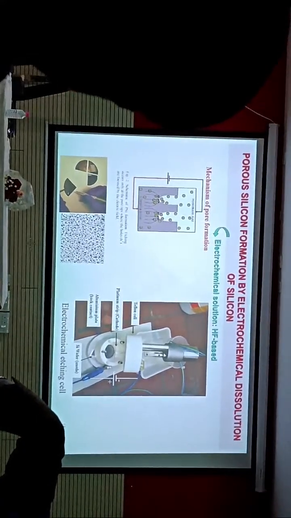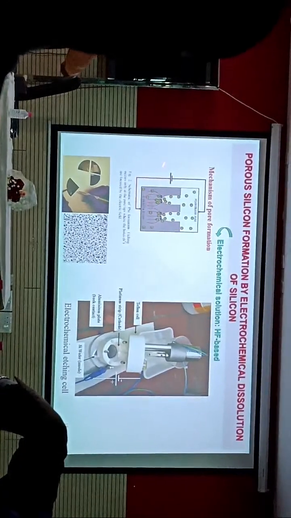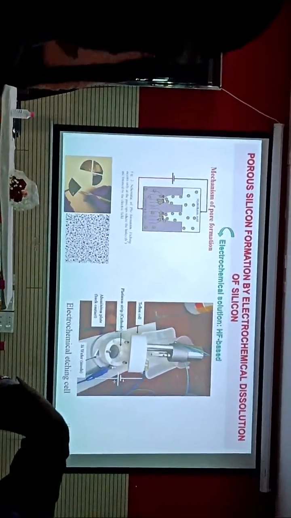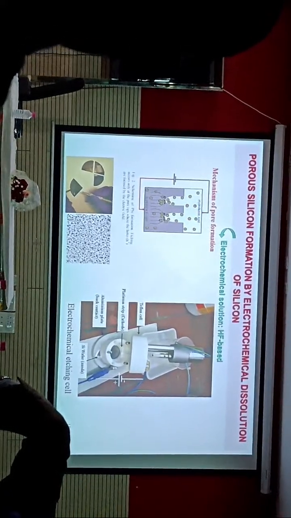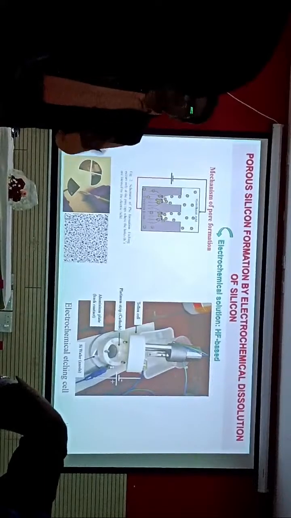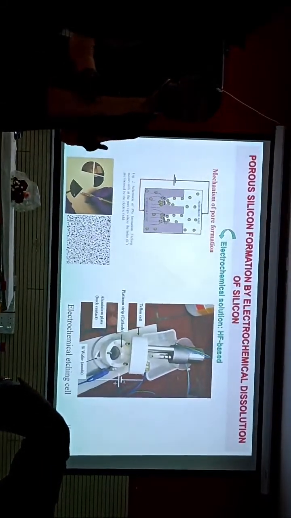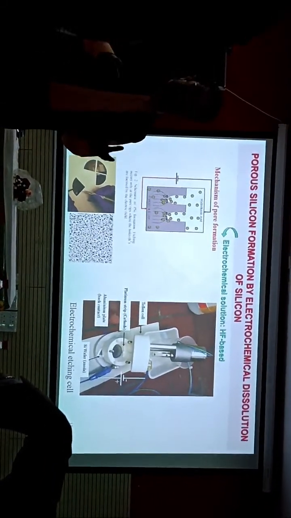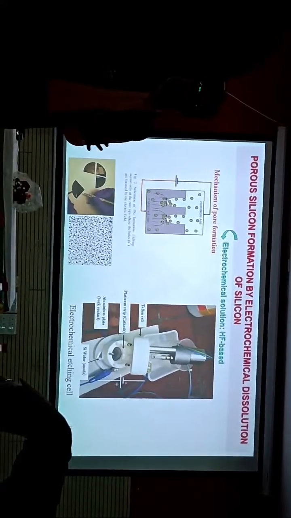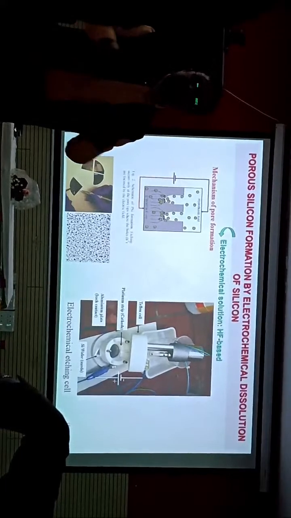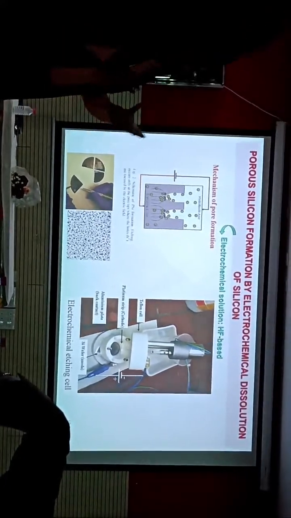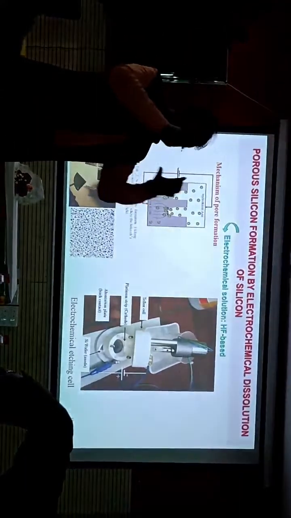And how does it grow? Holes are there in the silicon, and when you apply current, you have an HF-based solution. Another problem is that you use hydrofluoric acid, and the smell of it is very dangerous for the body. When I was in Germany working on porous silicon, I used to make a lot of silicon wafers, and they said to put on a mask and goggles.